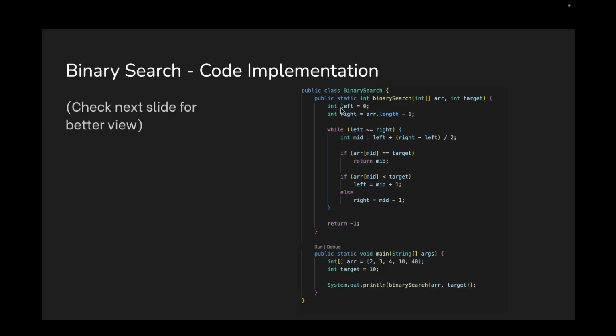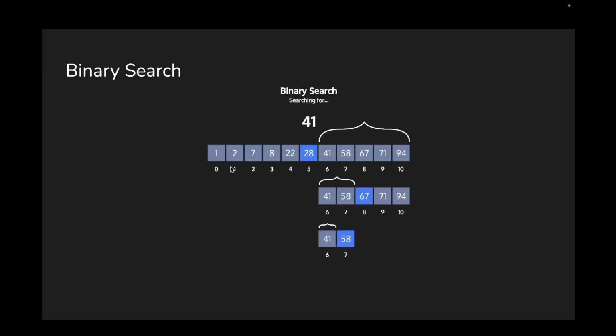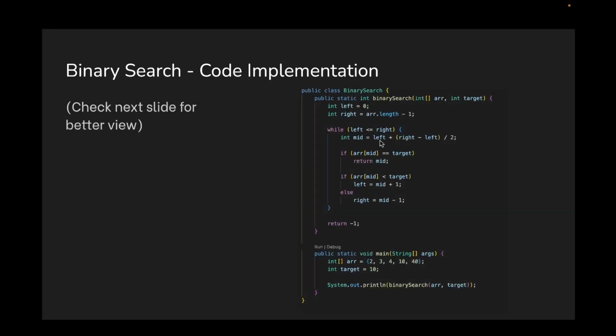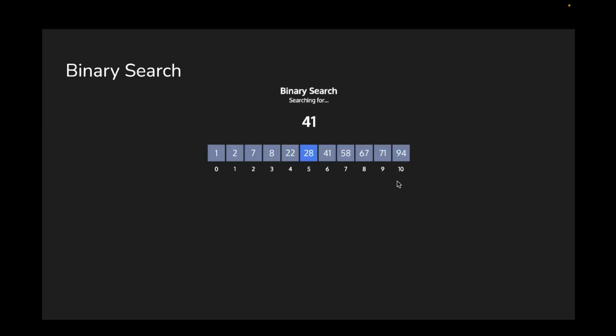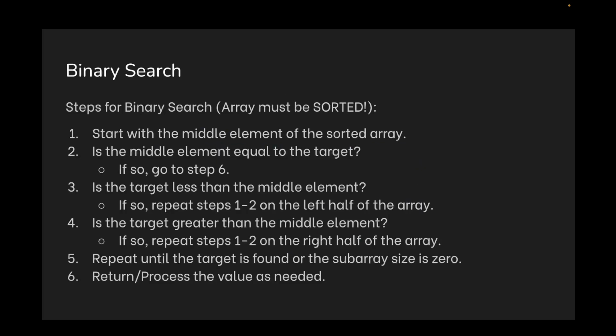So we make a left variable. That left variable is going to be this value right here. It's going to be the beginning of the array, because we're going to search through the entire array starting from this point for the value, right? And then the right index is going to be array.length minus 1. We know that the last index is the length of the array minus 1, because here we have 11 values and our index is going to be 10.